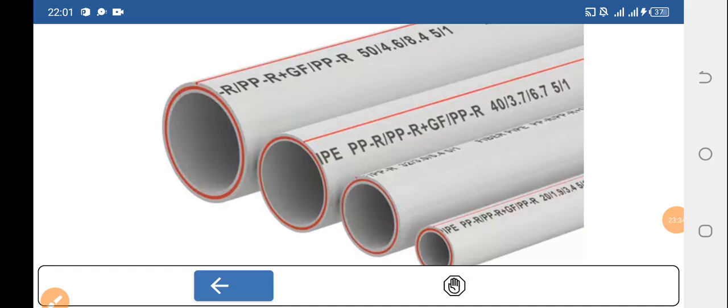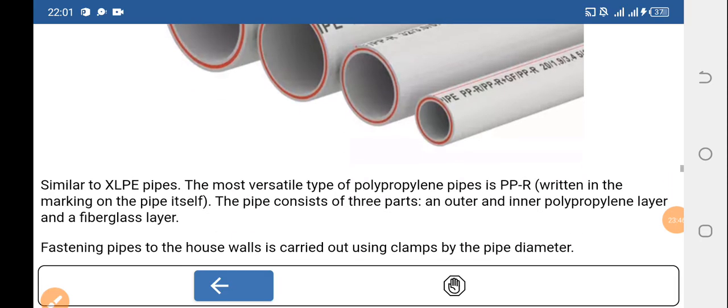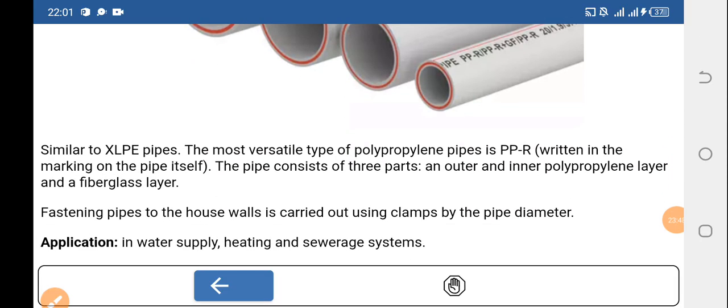I think those who continue following me will also learn about some of the specifications, their meaning, and their application. Similar to the PEX pipe that we were talking about, the most versatile type of polyethylene or polypropylene pipe is PPR, written in the marking on the pipes itself.